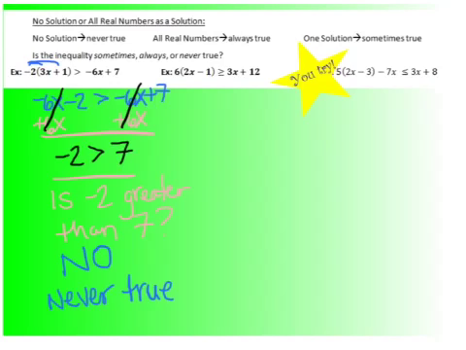Let's look at this other example. In this other example, we want to start off the same way. We want to distribute. So we get 12x minus 6 is greater than or equal to 3x plus 12. We want to combine like terms, so I will subtract 3x on each side to get my variables together.